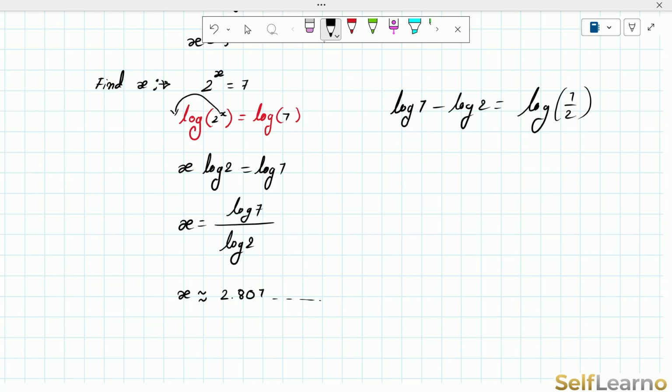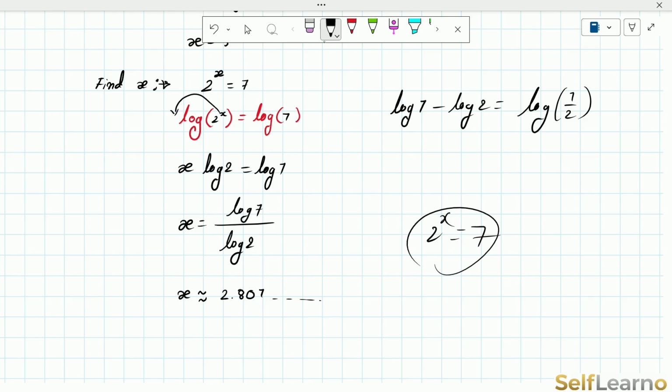Let us verify our answer. Everything is fine now. 2 raised to x, 2 raised to this. I'm using my calculator. 2 raised to 2.807354922. So I'm getting exactly 7.